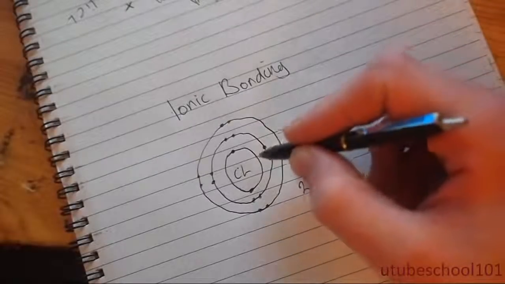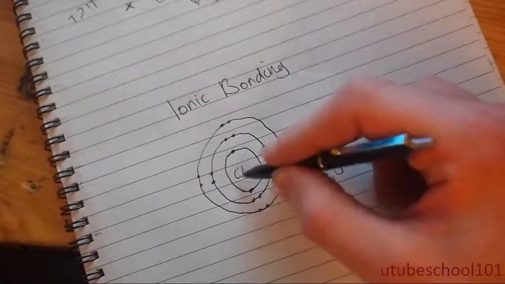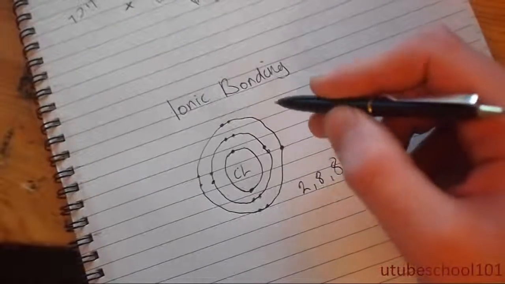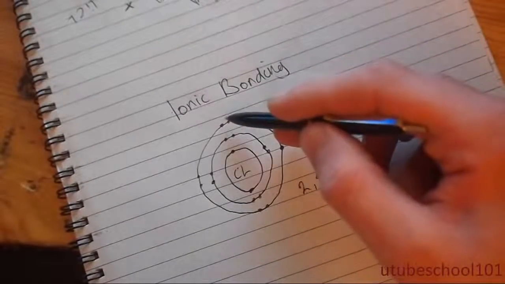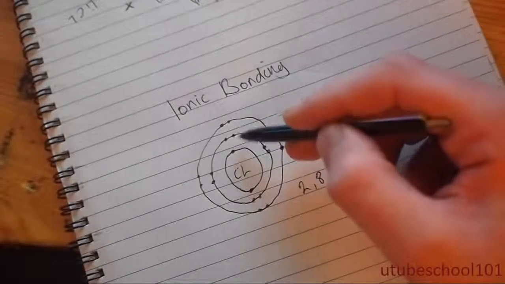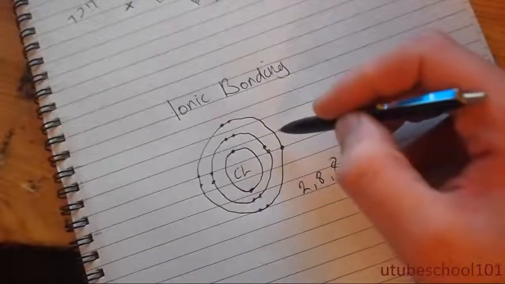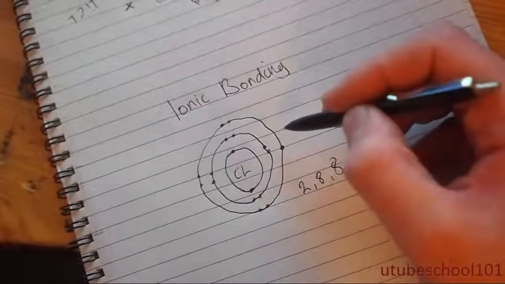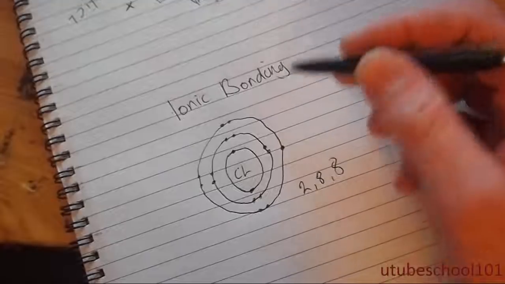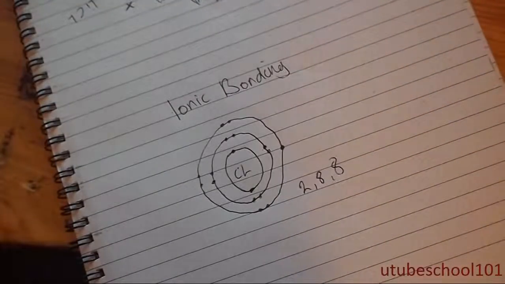So for chlorine to gain full shells, it has 2 choices. It can either lose 7 electrons, so it only has 2 shells but they're full, or gain 1 electron and have 3 full shells. The atom isn't concerned about the number of shells it has, however it is concerned about how easy it is to do this.